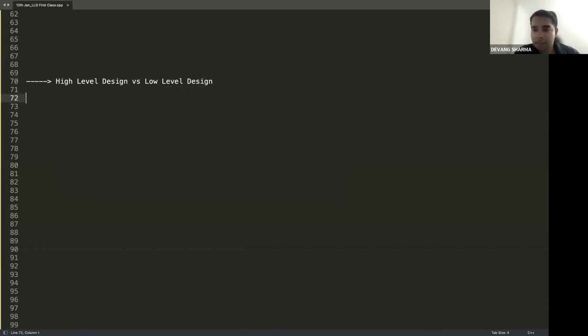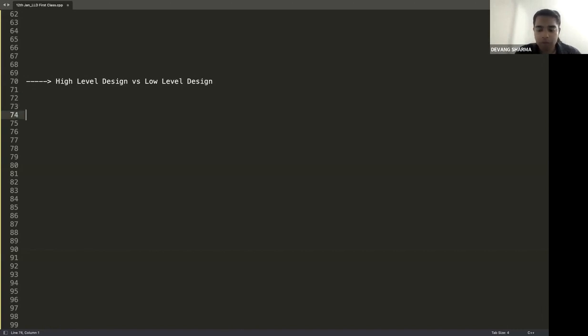It's clear from the name itself. In high level design, we talk about the components. We don't go into the details of the code or how it is implemented. We just talk about how the components interact with each other. Low level design, on the other hand, goes into the implementation. We talk about the code, the design principles, the best practices, and how the code is written and what quality it is written with.